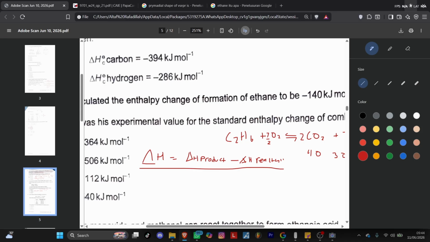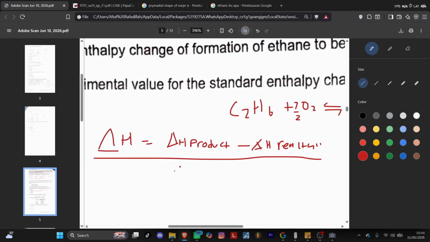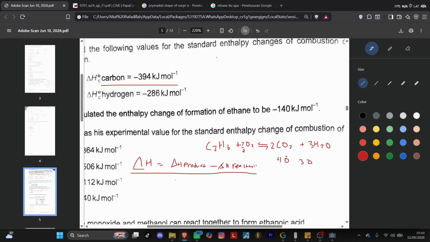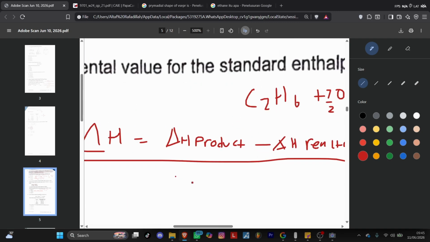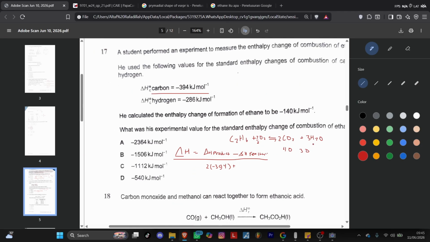So the product is CO2, right? So we need to find the product of CO2. There is a carbon in here, and there are 2 of CO2. So 2 times minus 394, and then we add the 3 H2O.